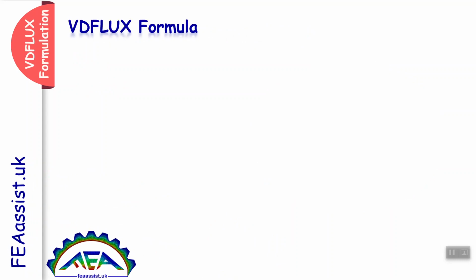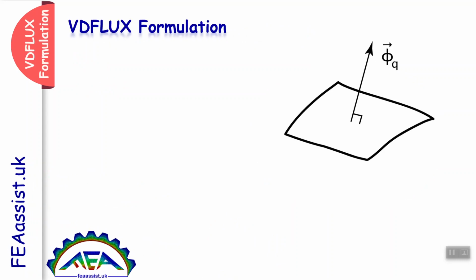VDFlux formulation. Before going into the details of the formulation, you need to understand the meaning of flux. What is energy flux, heat flux, or mass flux? In heat, flux means the amount of heat transferred through a unit of area in a unit of time.